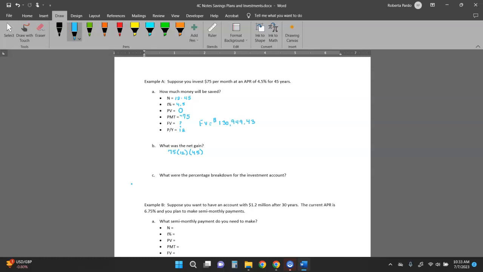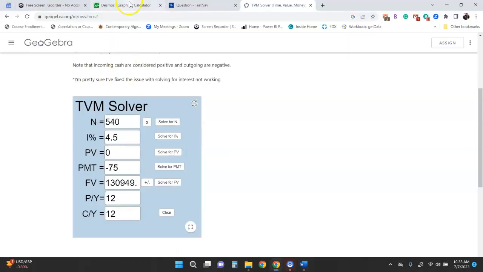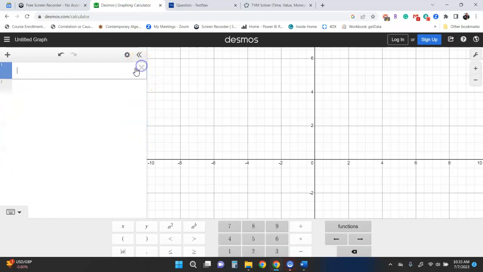So we actually have 130,949 and 43 cents minus the 75 times 12 times 45. And I can do that in a graphing calculator or regular calculator or in Desmos. And so I'm just going to do that in Desmos.